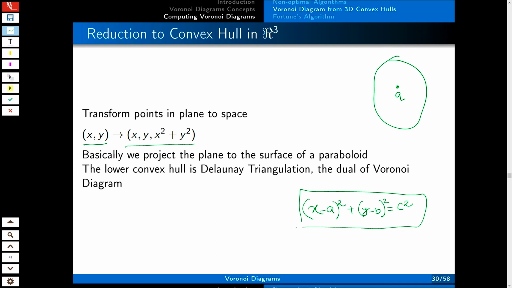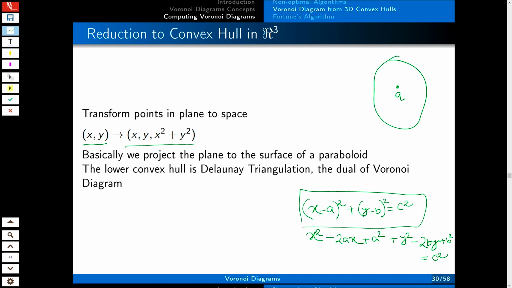Don't use your intuition yet. Let's go by the equation: x square minus 2ax plus a square plus y square minus 2by plus b square equals c square.